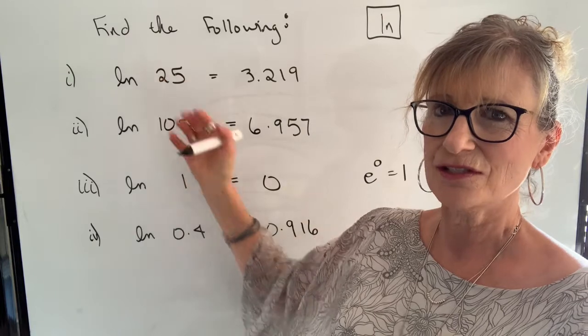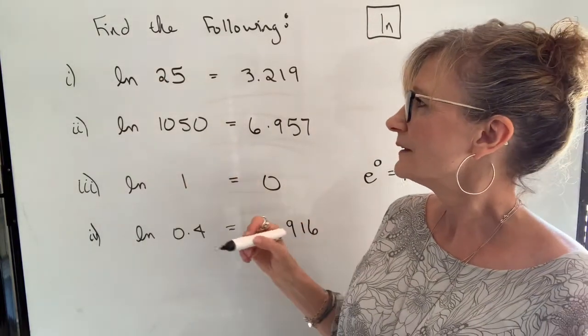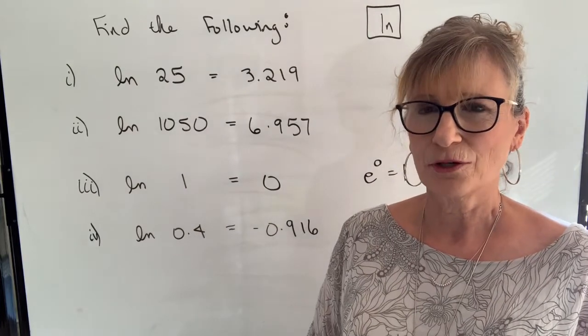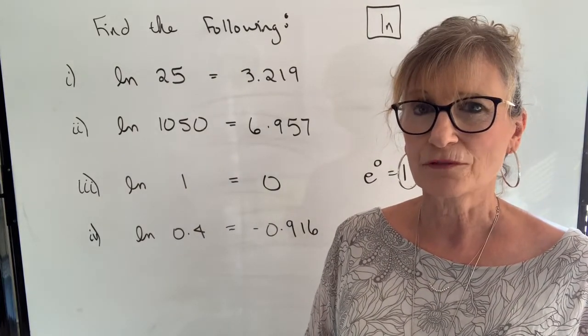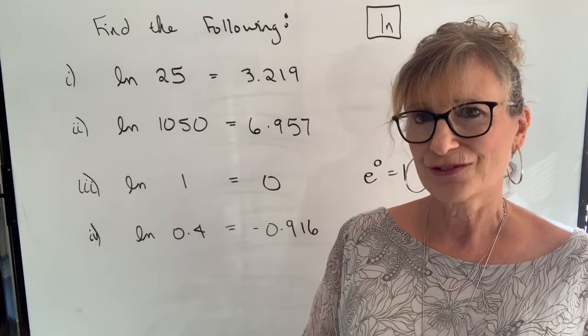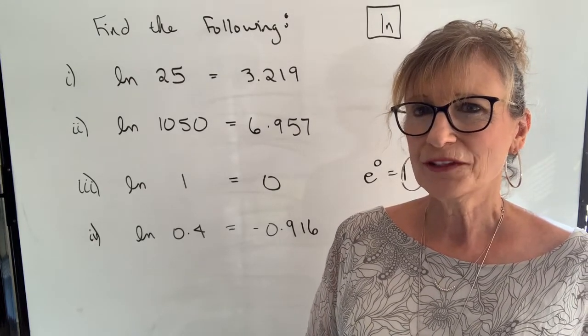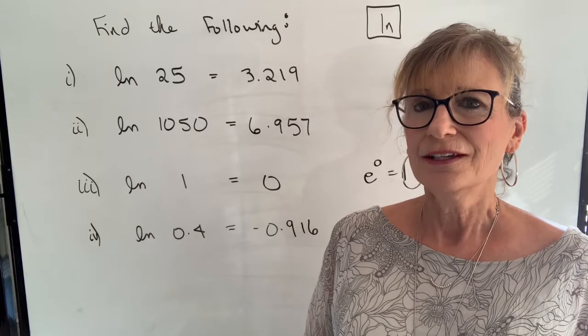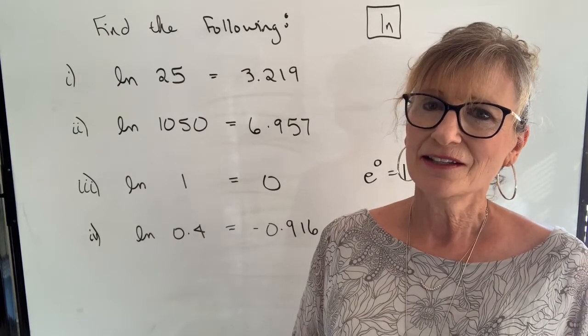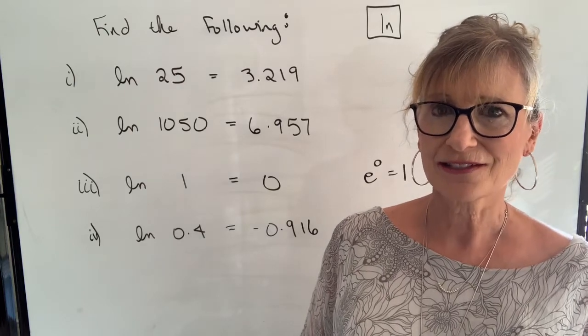Base 10 was much easier, but base e is the base of logarithms you're going to be working with most often when you get into higher math and into calculus and applications. So you want to get comfortable with it, even though it's a little more awkward. It's still the same process. Let's take a look at taking the natural antilog of numbers next.